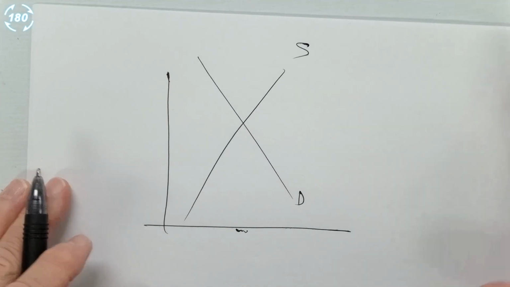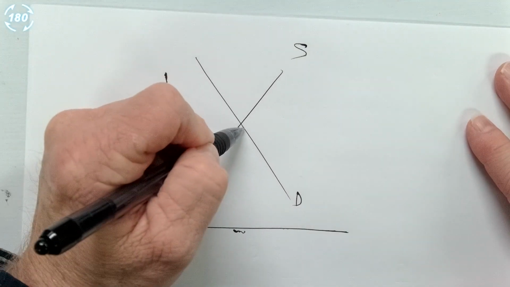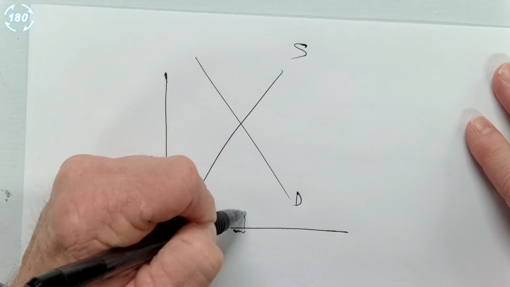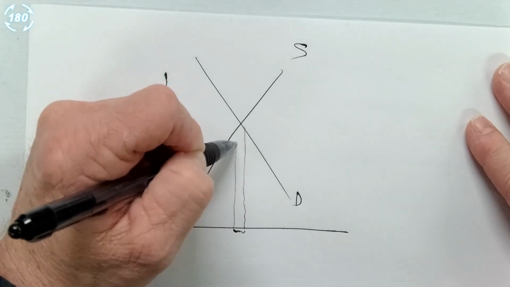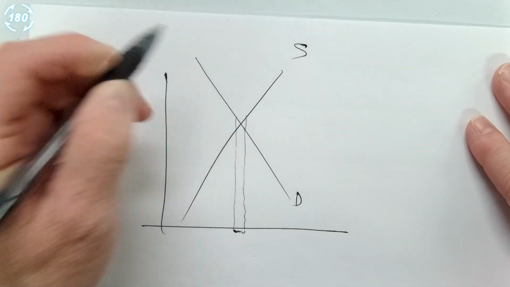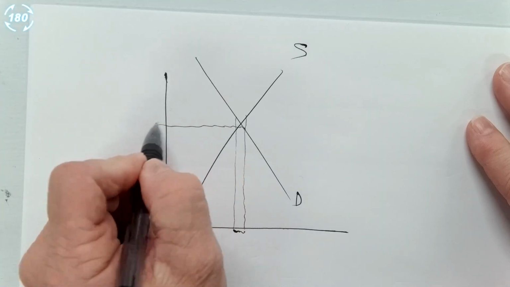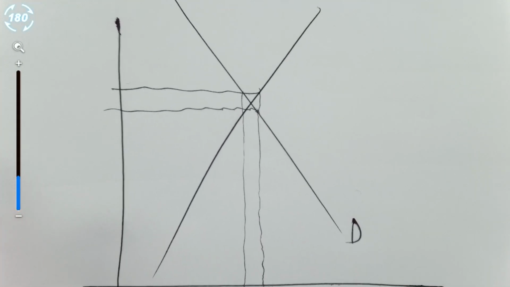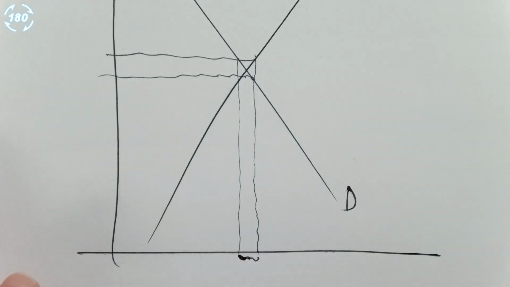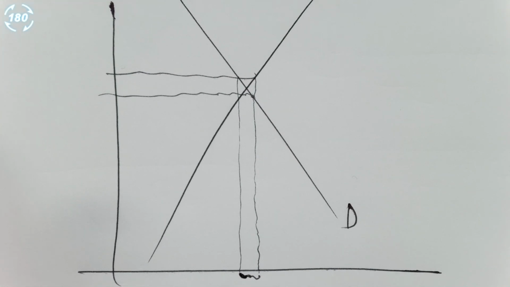It's just that in the big scheme of things. So what I'm going to do here, I'm going to draw a little band here around the equilibrium point. This is an exaggeration, but this is the biggest wheat farmer in the world.